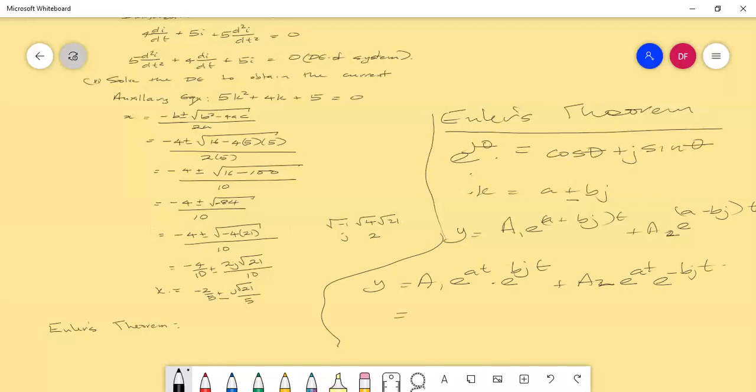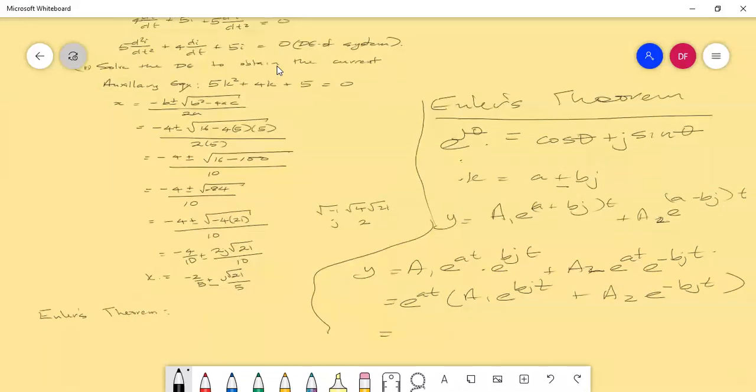So now, if we take out the e to the at, because it's common to both of them, we have e to the at, and then a1 e to the bjt plus a2 e to the minus bjt. And we're going to apply Euler's theorem. We'll soon come back to this problem over here.